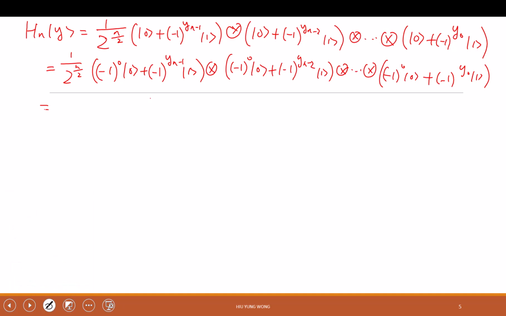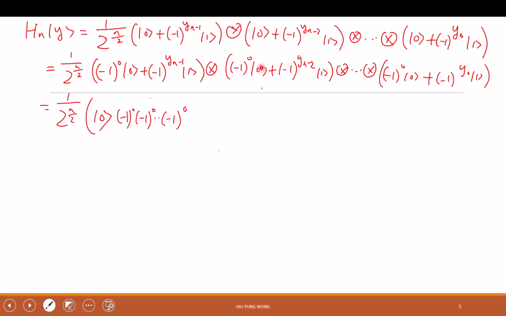But I'm going to write them in the decimal form. Then I will get this. I will get the first one, of course, is 0. Everything is 0. I'm writing it in decimal, right? And then what are the coefficients for the decimal? It's just negative 1 to the power 0 all the way to negative 1 to the power 0. I have n of them, right?